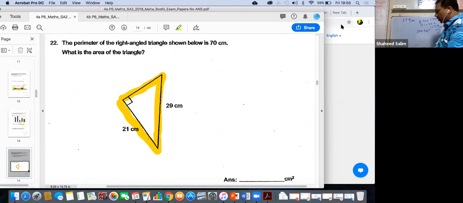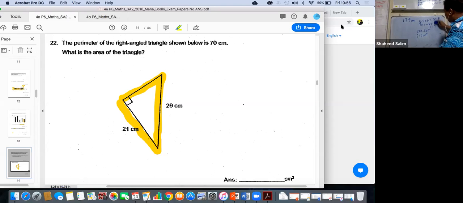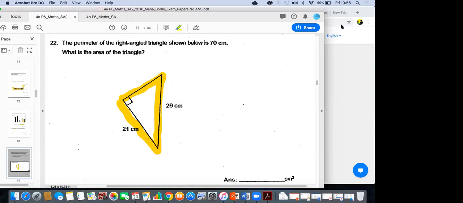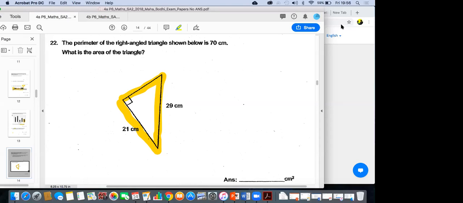Okay, let us see. Sophia, what's your answer? My answer is 210 square cm. Two persons got 210, so it seems like a likely answer.